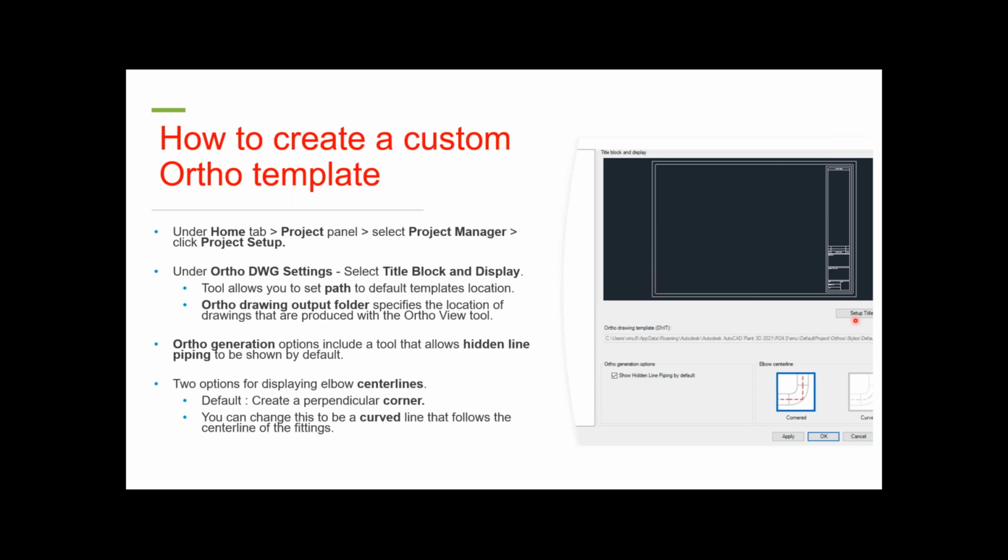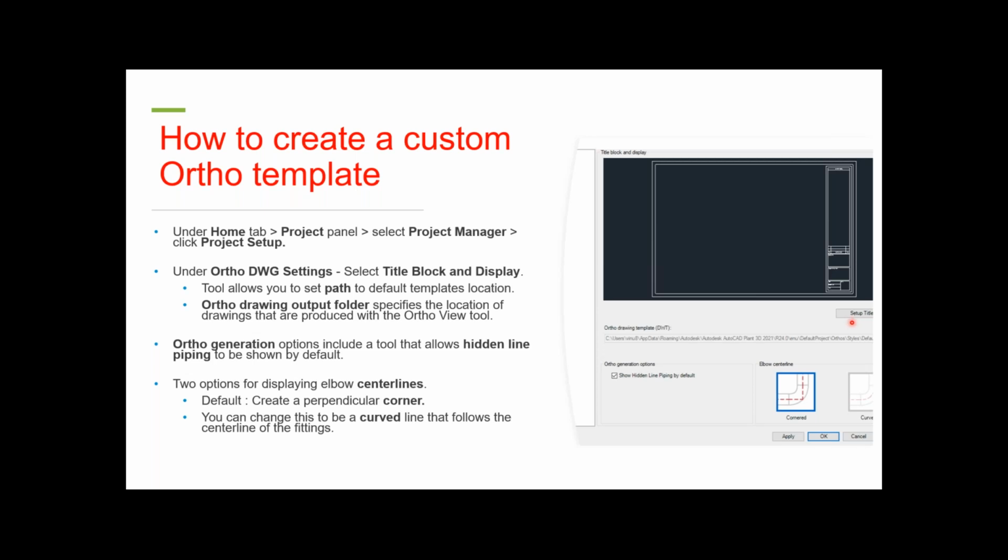And you can also control how your layers need to be displayed. For example, we just saw a few minutes back the insulation being an insulation layer, and you want to move it to a different layer. You could do all that in this title block setup edit function, where you can create your customized ortho setup.